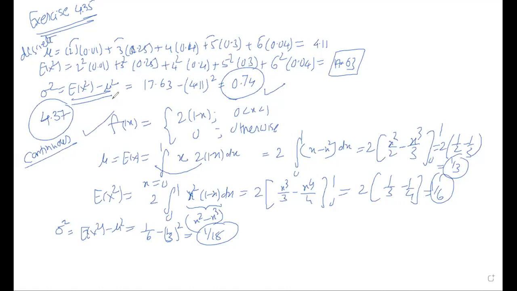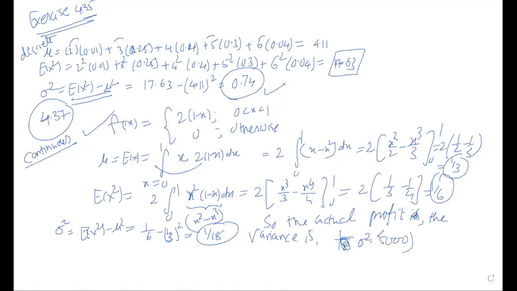Okay, now what is the profit? The actual profit variance is, I would say, you are getting one, and you have to multiply it: sigma square times your $5,000 square, because sigma square is there.